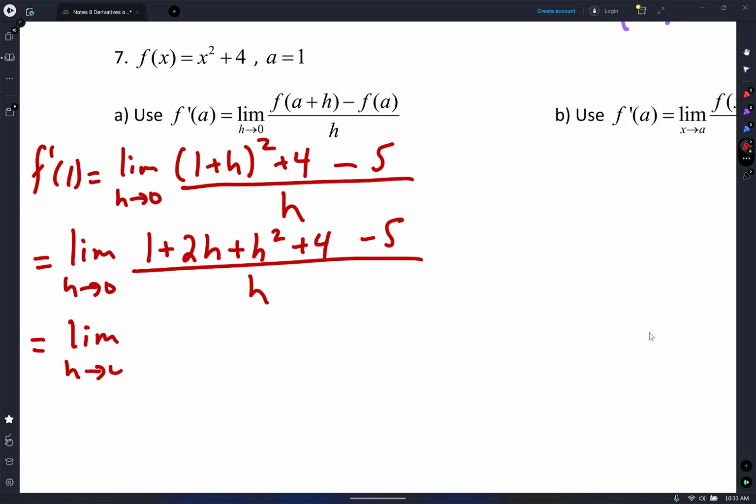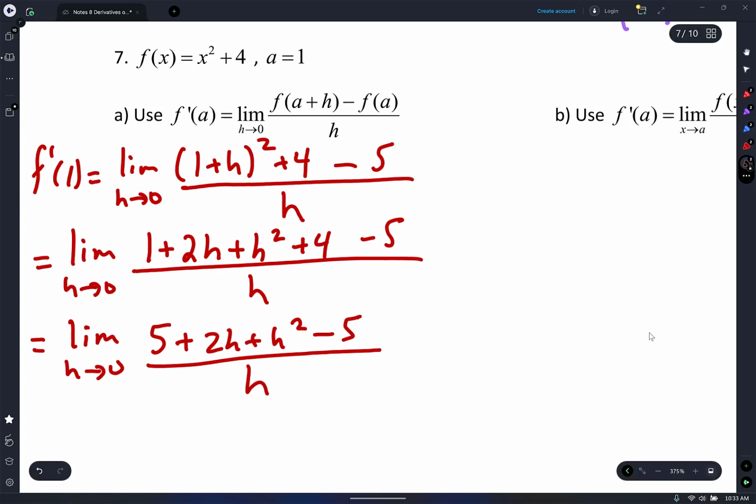Limit as h approaches 0. I'm going to combine like terms with the first half here. 1 plus 4 is 5. So 5 plus 2h plus h squared minus 5 over h. And I guess technically I could have just combined like terms there and zeroed it out, but I want to show it. Okay, what zeroes out first?